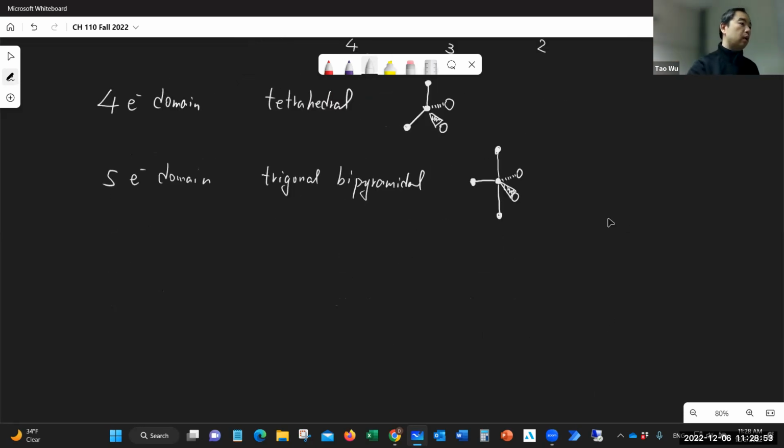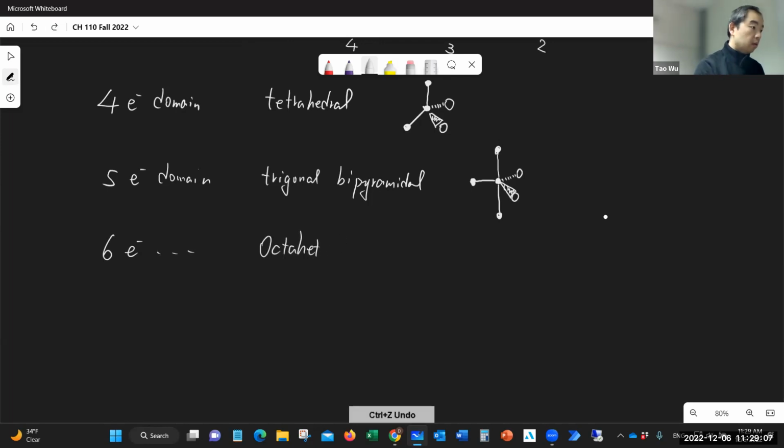And the last one, if we have a 6 electron domain, then this is called octahedral. Octahedral is where we have a central atom and 6 side atoms.